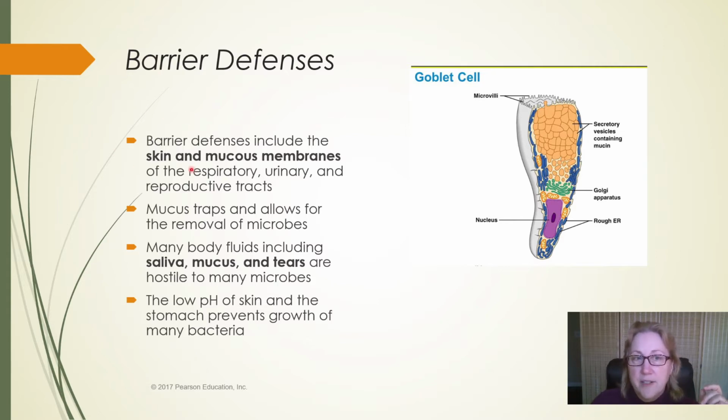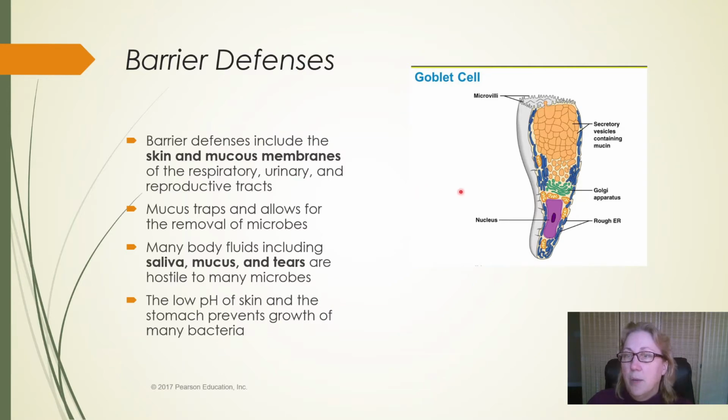So barrier defenses includes mucus. Mucus is secreted. You probably heard that term, mucous membrane. So all of the interior epithelial layers in our body, including your esophagus and your trachea and your pharynx and inside of your mouth and inside of your nose and inside of your sinuses, are protected not just by an epithelial layer, but by the secretion of mucus.